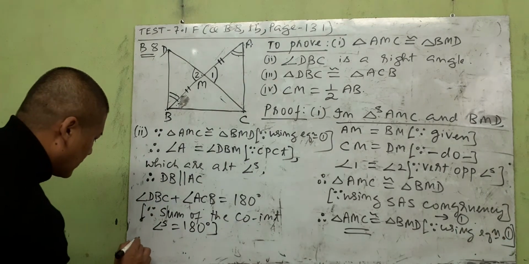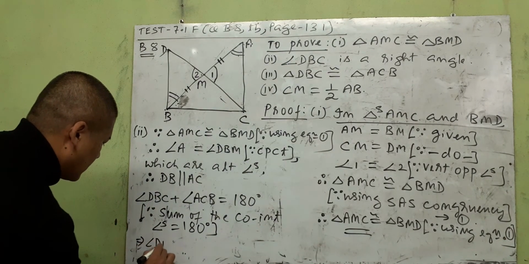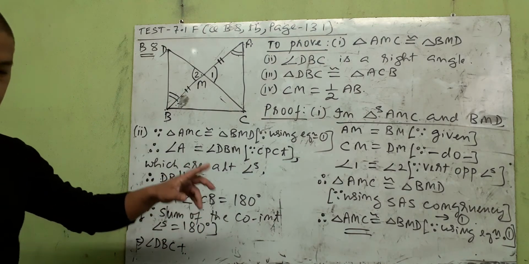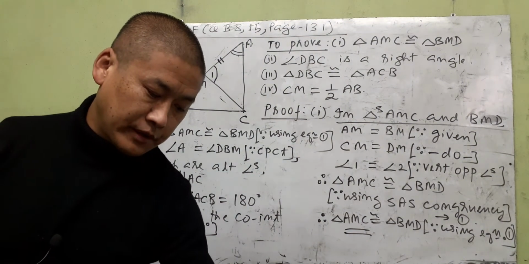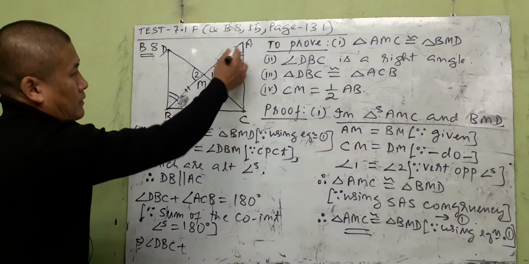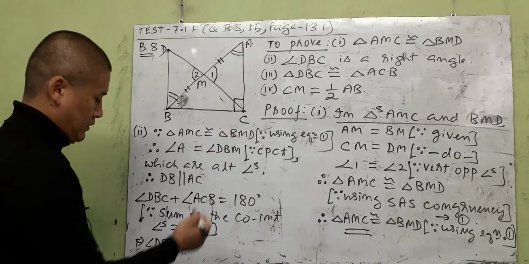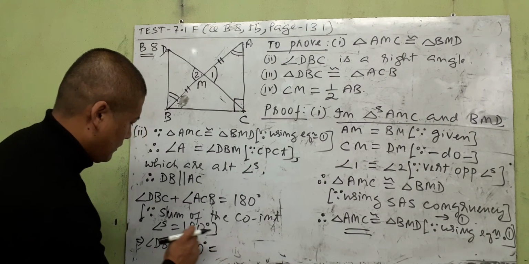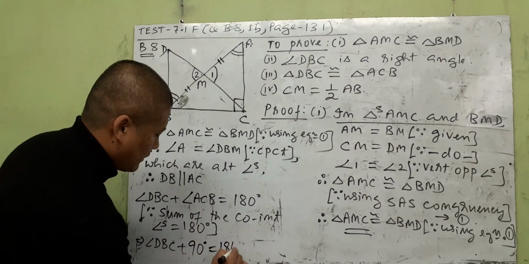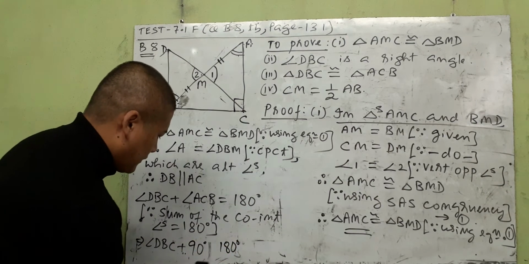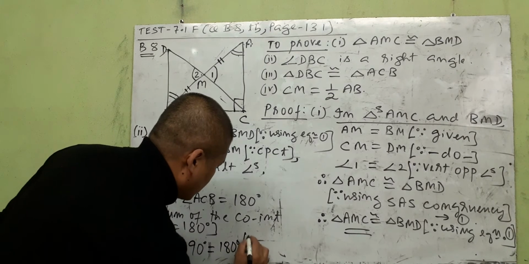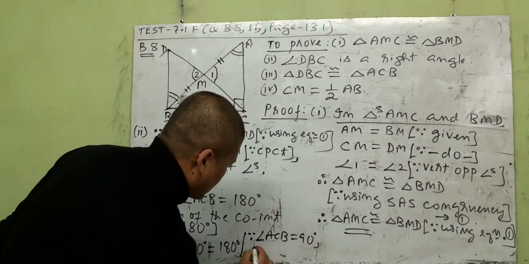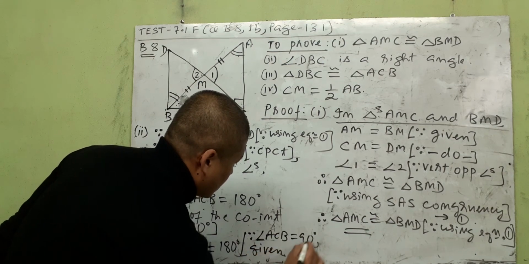So here, that implies angle DBC plus angle SCB, given in the question, in right triangle ABC, right angle at C. This triangle has C as a right angle, so this is 90. Just write 90 degrees equal to 180 degrees. Give the reason: angle SCB is already equal to 90 degrees, given in the question.